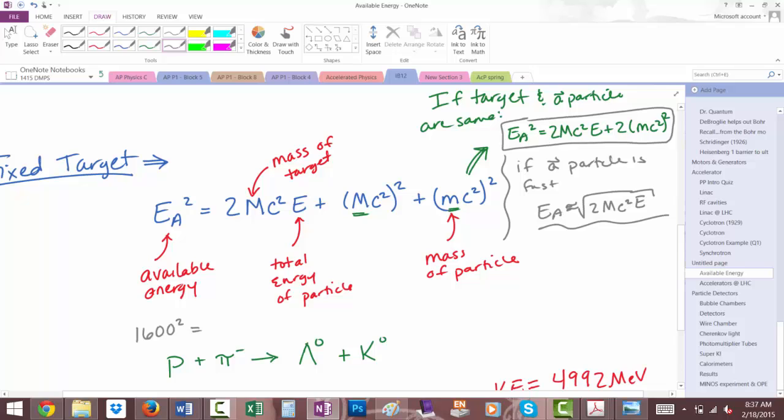I want to make sure that you've seen it, so that if there was a statement on a test that started you here, and it wanted you to get there, you wouldn't be scared of getting there, right? Because the rest mass is not very big compared to the total mass. Fair? Okay. Like I said, I don't really like it, but it is what it is.